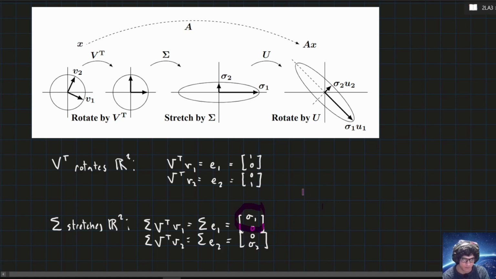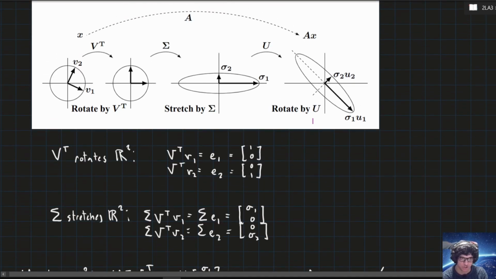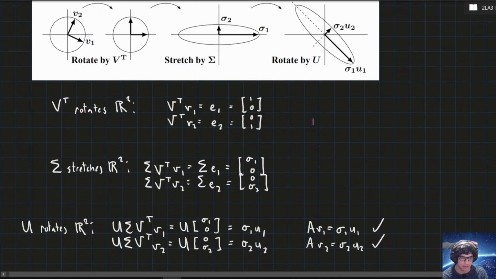Okay, and we have one more operation, right? We're going to multiply these vectors by U. U is a rotation, and let's see what U does. U times the sigma 1, 0 vector becomes sigma 1 times U1, and for the second vector it becomes sigma 2 times U2.